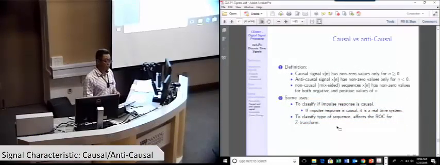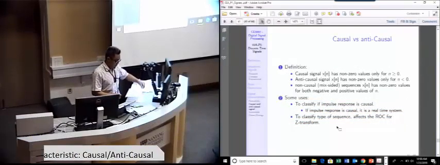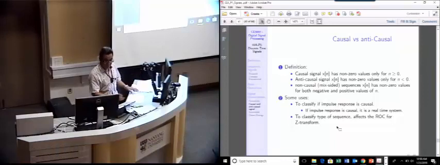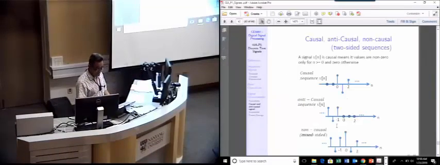Causal versus anti-causal. Instead of going through the slides, I will just go through this example here. The causal sequence is a sequence that has values from n equals 0 onwards, positive values of n. N equals 0 and all the positive values of n.